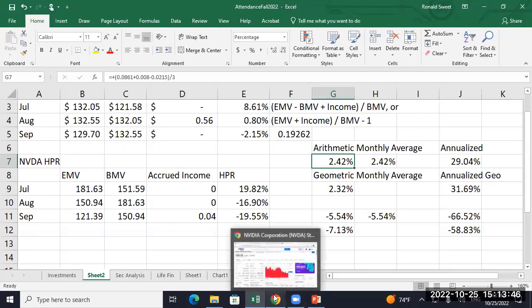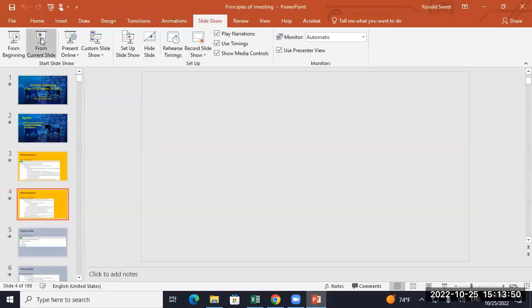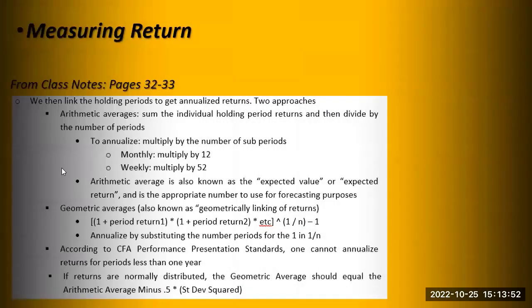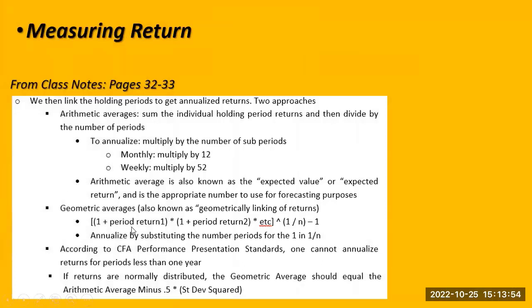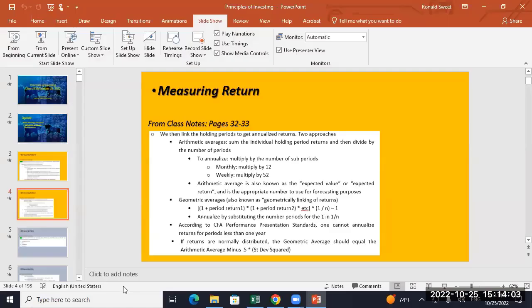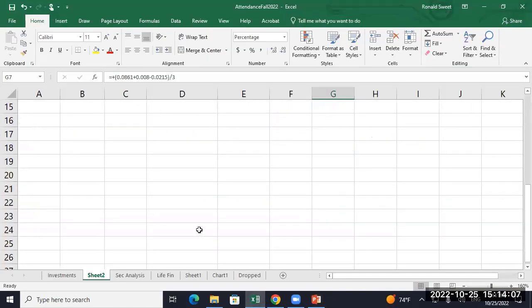All right, so what can we do with this information? First of all, why is the geometric and arithmetic different? So let's look at that. You'll find out why we prefer the geometric.